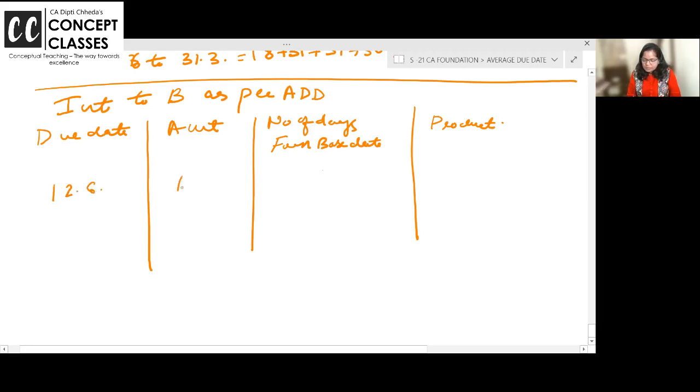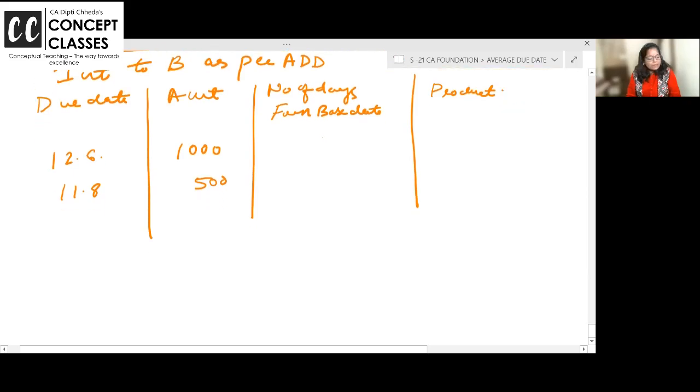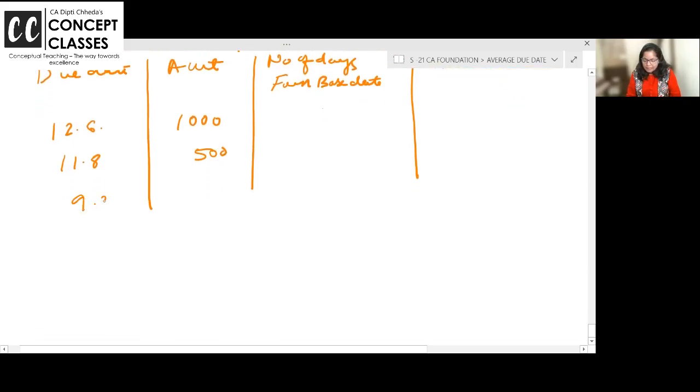12th June, 11th August, 9th February, 7th March. All right, take 12th June as the base date. Don't take a common base date because A and B are not mutually giving and taking.